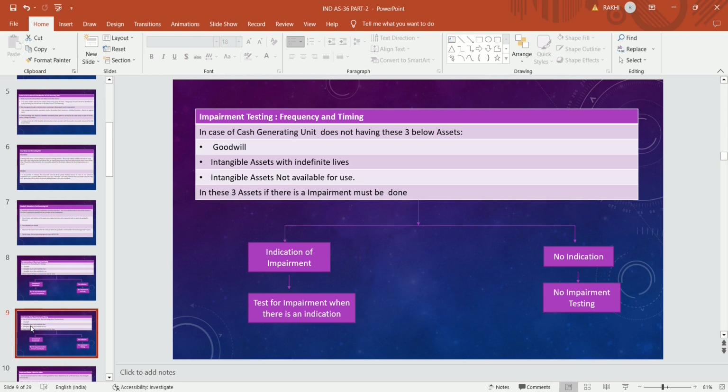In case of other assets other than these three, if there is no indication, no testing is required, and if there is an indication, then when the indication exists, it is to be tested.